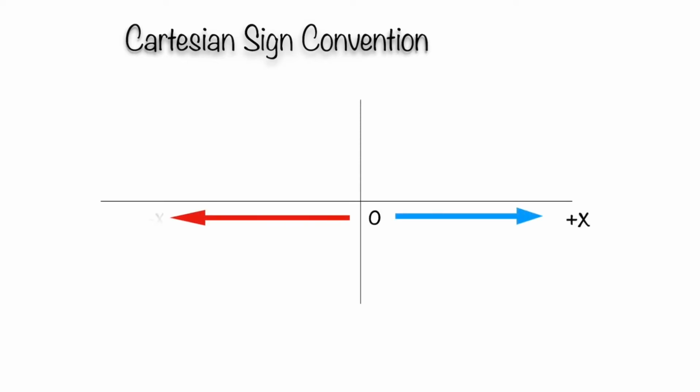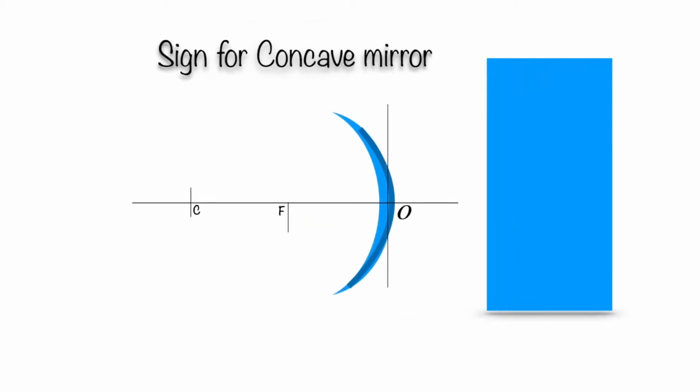As per this sign convention, anything which is measured on the right side of the origin is positive, left side is negative, and above the x-axis is positive and below the x-axis is negative. So in case of a mirror, we put the mirror at the origin of this coordinate system, and in this case OC represents the principal axis of this mirror.